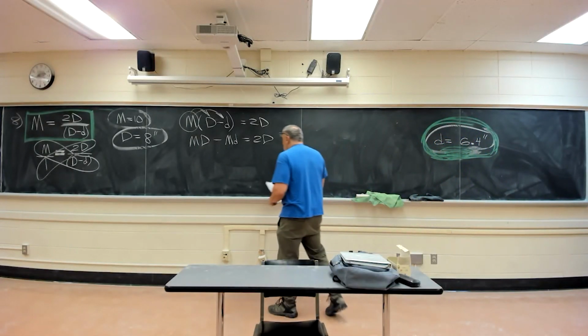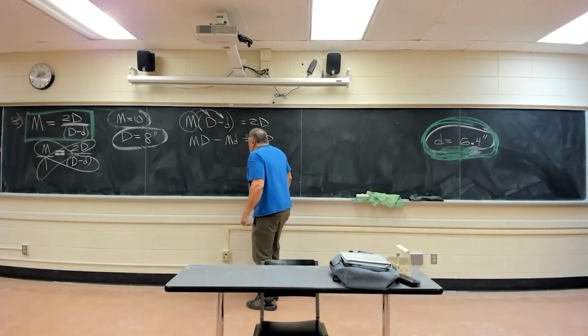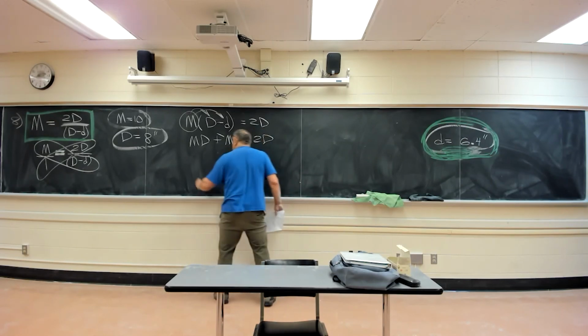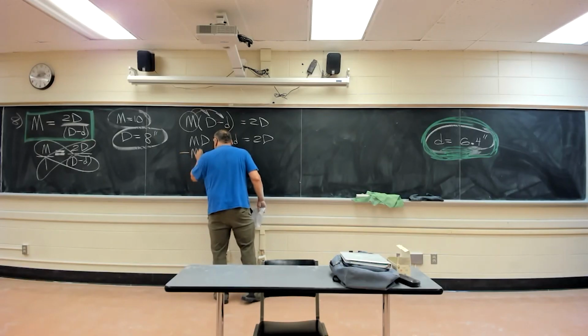It's as simple as that. You got to be kind of careful here how you pull this stuff off. Minus m small d is plus a negative m small d. Minus big M small d is the same as plus a negative big M small d. Tell you what I'm going to do. Let me subtract big M big D.